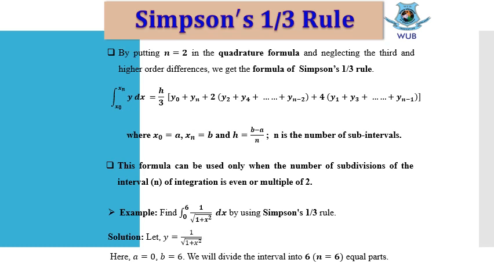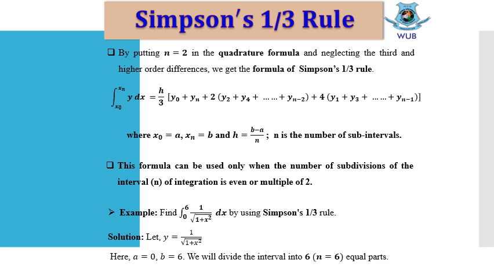Now, Simpson's one-third rule. In the equation, if we put n equals to 2 and neglect the third and fourth order differences, we can find h by 3 into (y naught plus yn plus 4 times the odd terms plus 2 times the even terms) in this way.